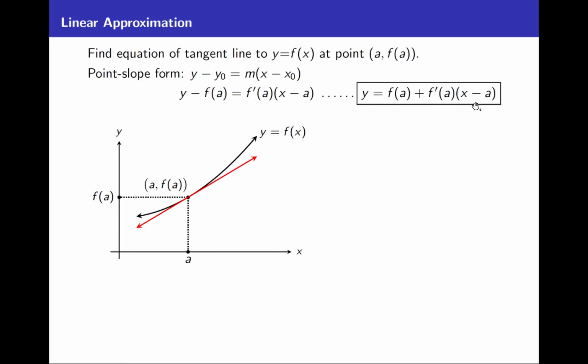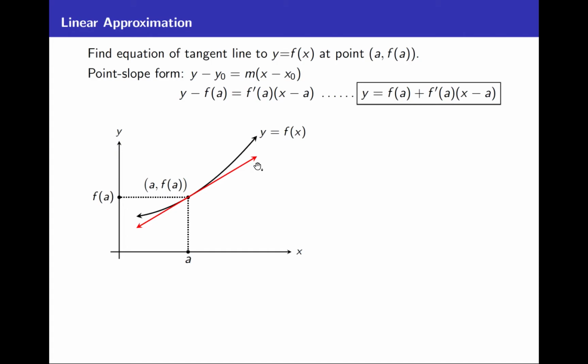This is a linear function. You could get it into the form of y equals mx plus b, but we're going to leave it in this form for convenience. Since it's a linear function, let's give it a name. Let's call it L of x.